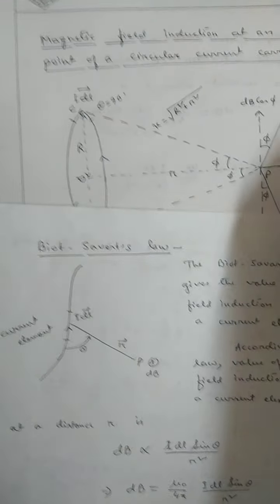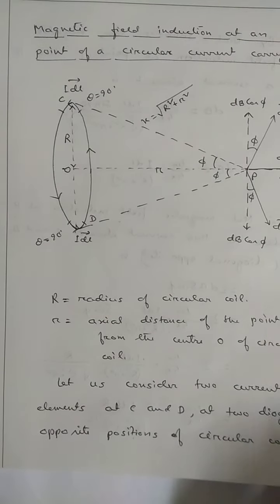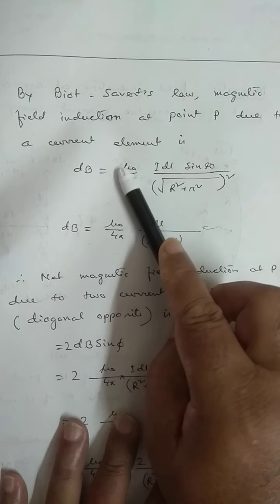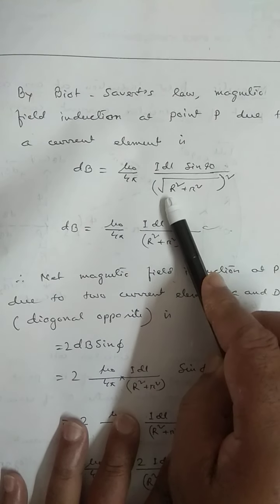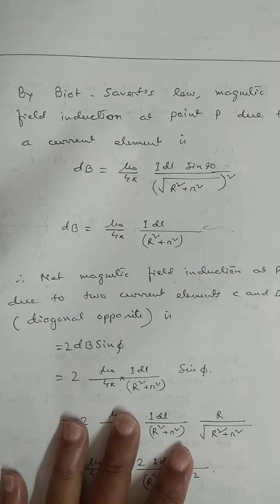Therefore, for one current element, the magnetic field induction is mu 0 by 4 pi, I dl sine 90 divided by distance square.